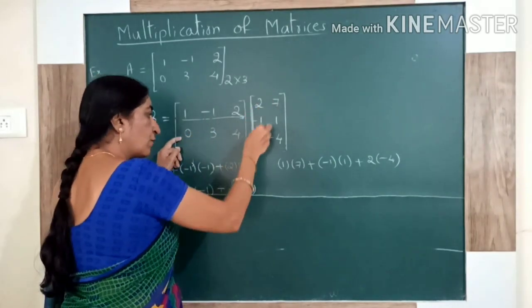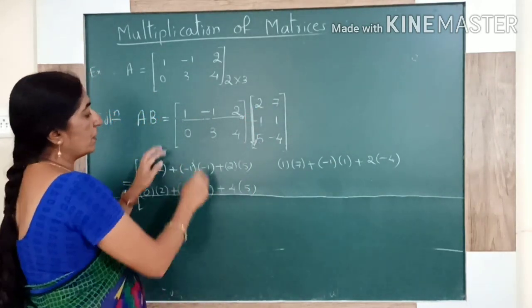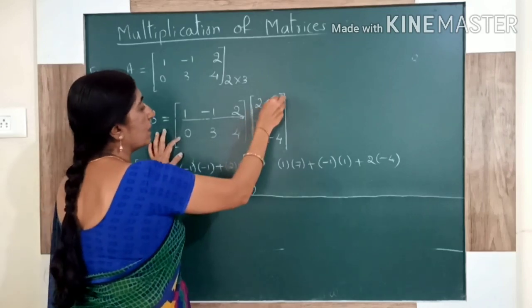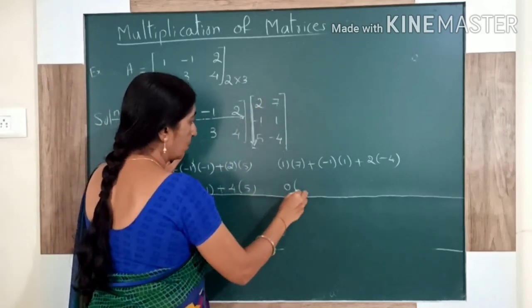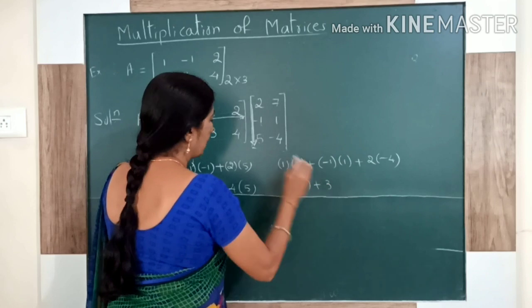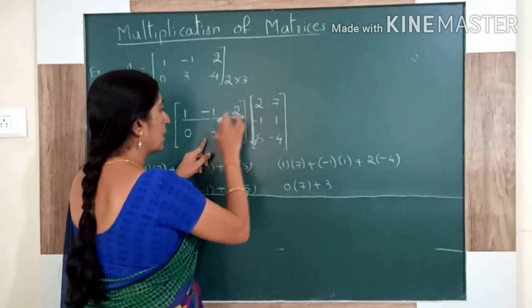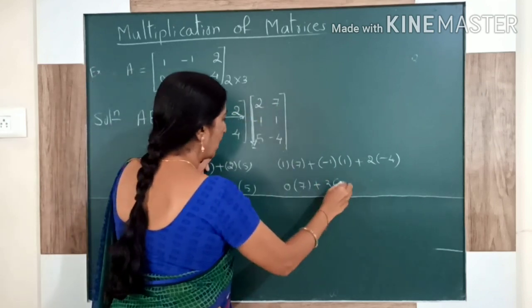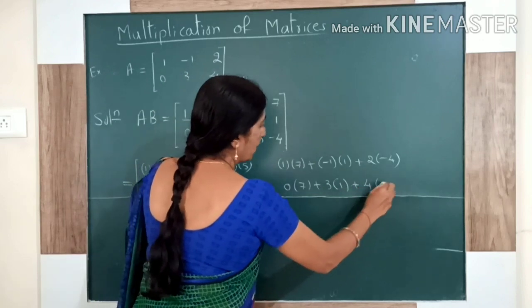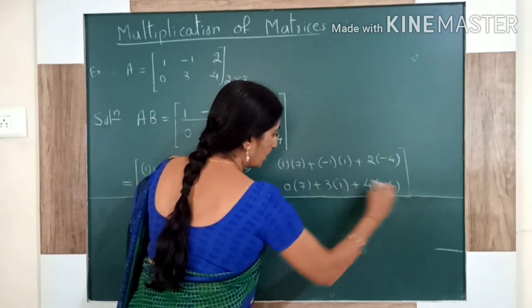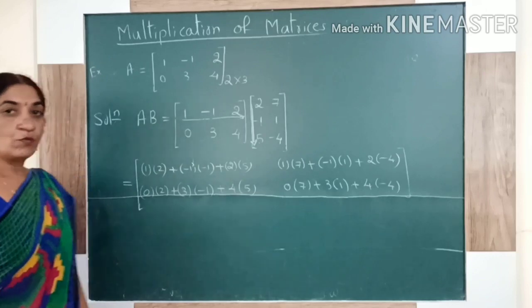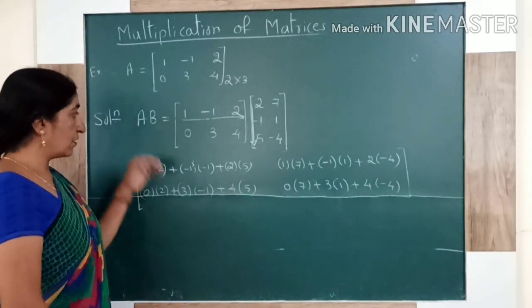Second row with first column. After that, second row with second column, corresponding elements, 0 into 7 plus 3 into 1 plus 4 into minus 4.